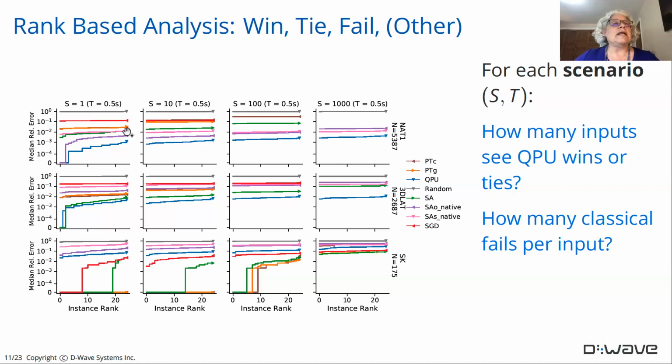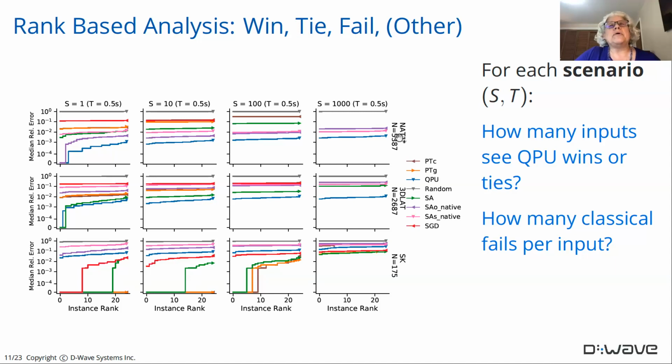All right, so we ran all these inputs and all of these input classes for all these different scenarios. And to analyze the outputs, we used a rank-based approach, which I'll describe here. Across the top, you see 4 different sample sizes: S equals 1, S equals 10, S equals 100, and S equals 1,000. All of the images on the page are for half-second computation times, 0.5 seconds. And you see results for 3 inputs.